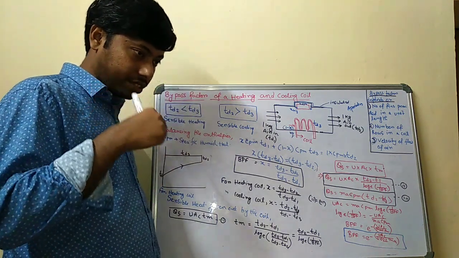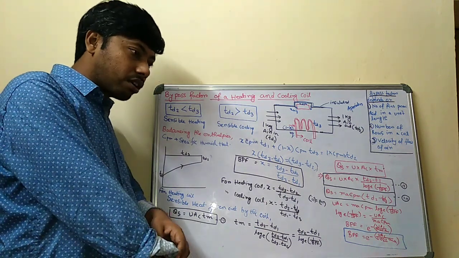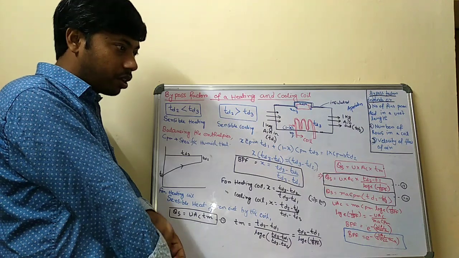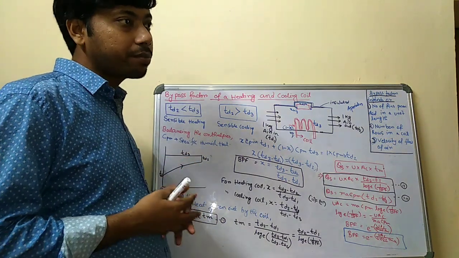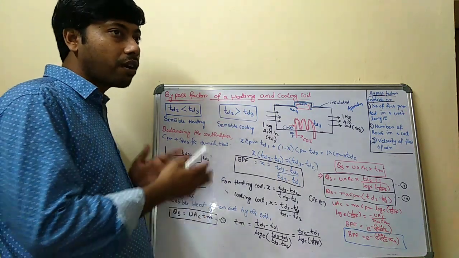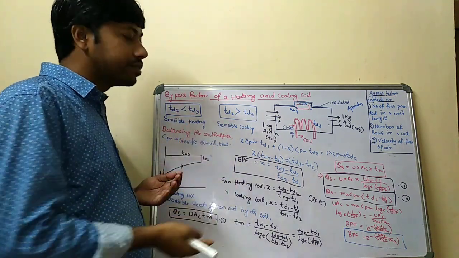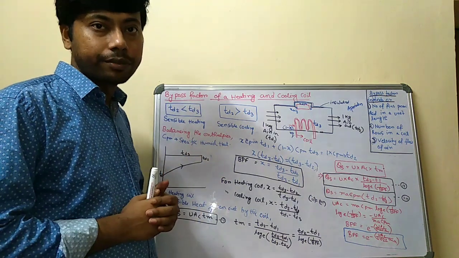That is basically TD3. So TD2 is greater than TD3. But it is not desirable. It is not desirable because if the process is ideal, if the process is 100% efficient, then for the sensible heating process, and for the sensible cooling process also, TD2 should be equal to TD3.